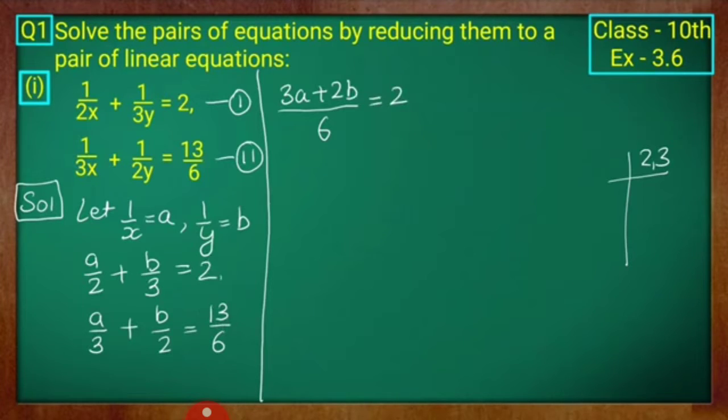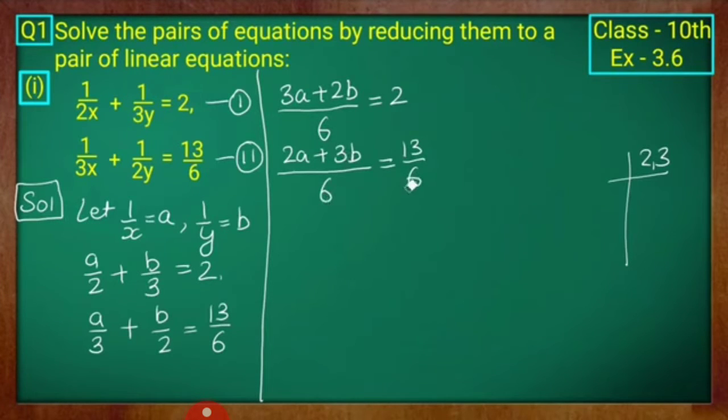Now for the second equation also, the LCM of 3 and 2 is 6, and in the numerator it will be 2a plus 3b is equal to 13 upon 6.